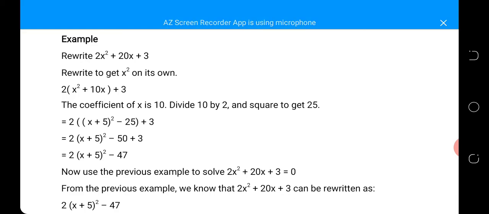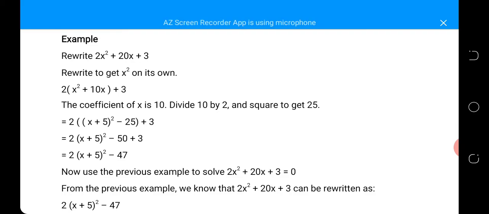We factor out 2 from the first two terms to give us 2 into bracket x squared plus 10x, bracket close, plus 3. Then the coefficient of x is 10. Dividing 10 by 2 and squaring it, we get 25.